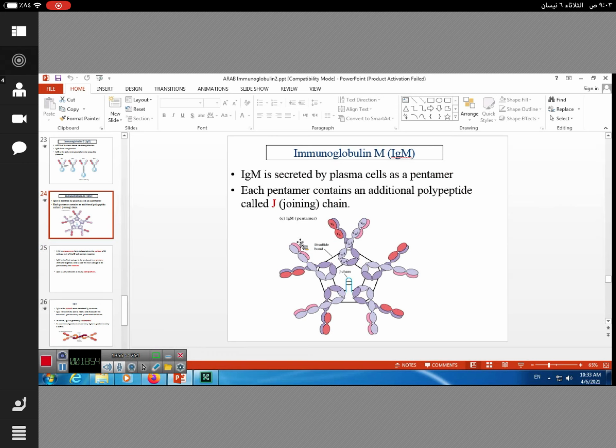In the IgM structure, you can see light chain, heavy chain, and J chain. This chain is produced by B lymphocytes.